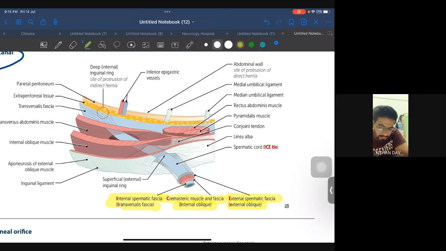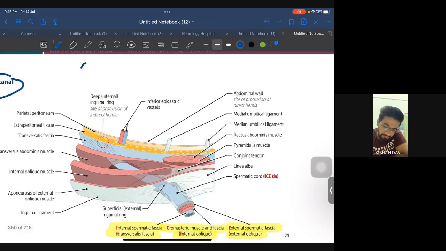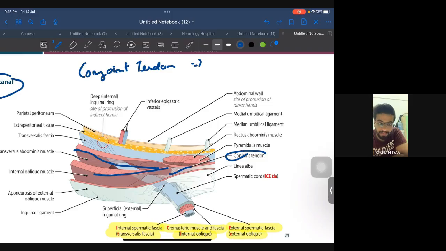This is the conjoint tendon. You can see the conjoint tendon over here. It is the combination of these two: transversus abdominis plus internal oblique muscle.